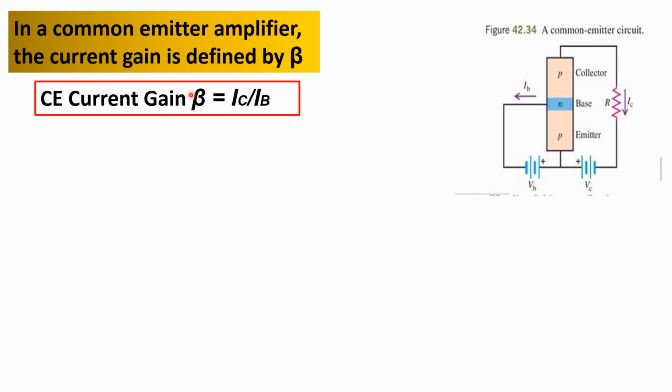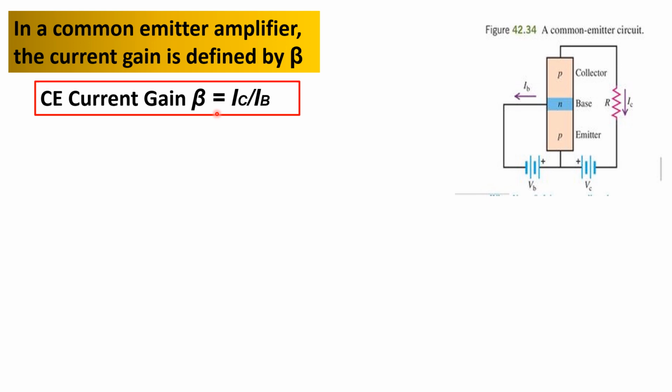The amount of collector current is much higher compared to the amount of the base current. So in computing for the current gain for a common emitter amplifier, represented by beta, the value of beta is always greater than 1.